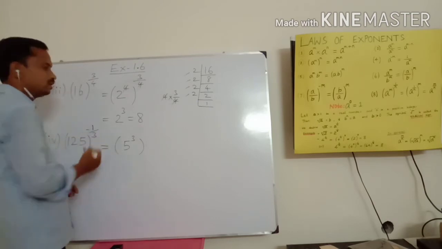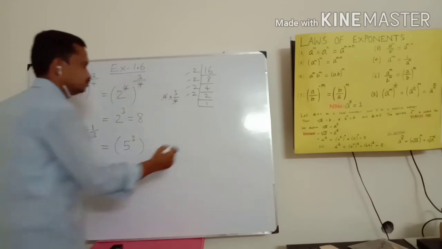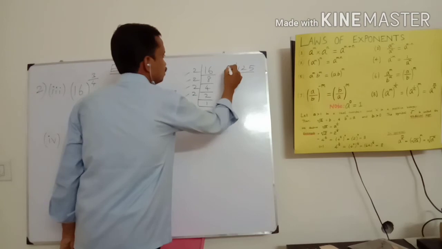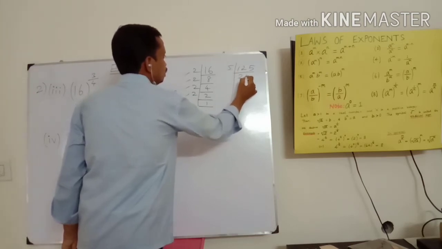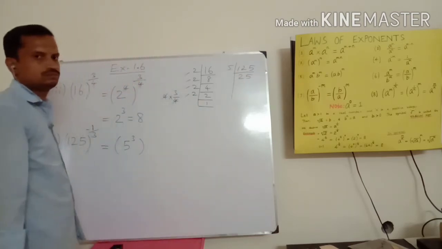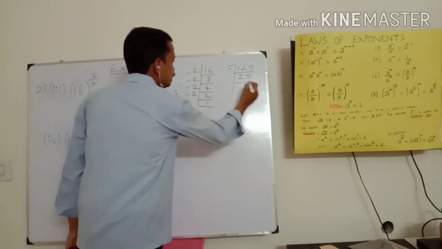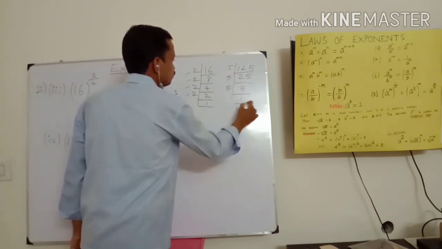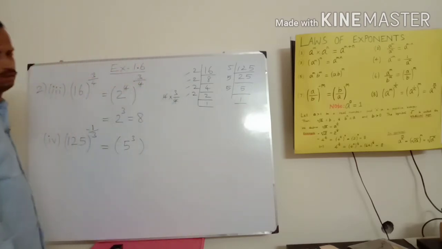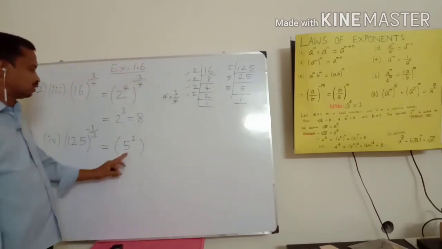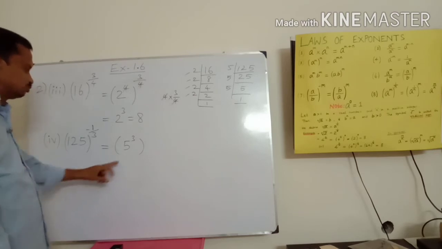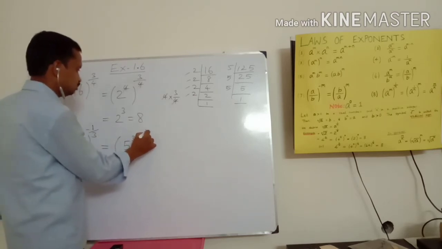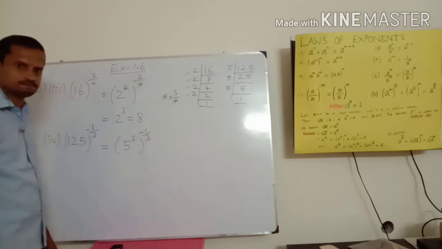So 125 is nothing but 5 cube. 5 5s are 25, and again 5 5s are 25, 5 1 is 5. How many 5s? 3. 5 into 5 into 5, we get 5 cube, which is the exponent form of 125, and in the power it is minus 1 by 3.